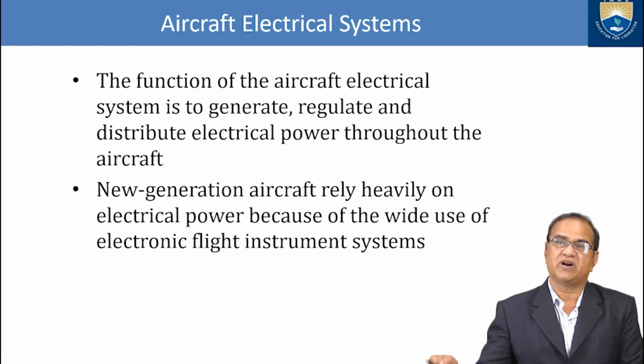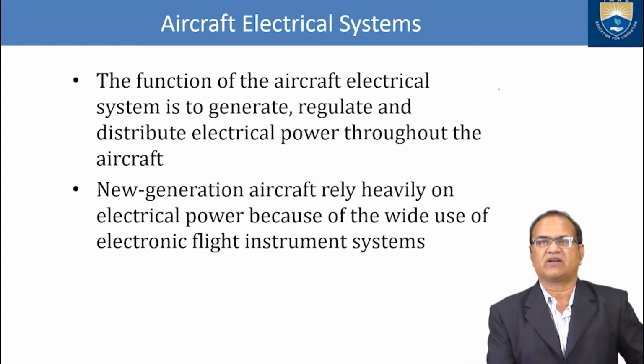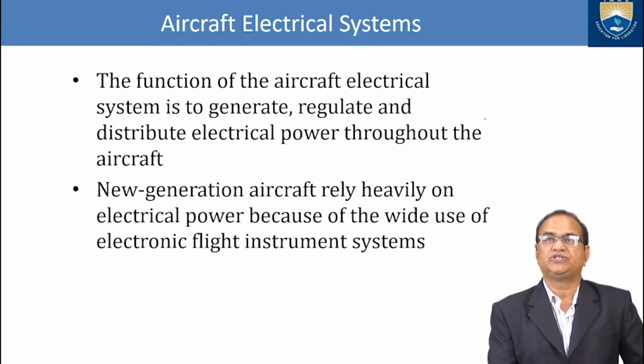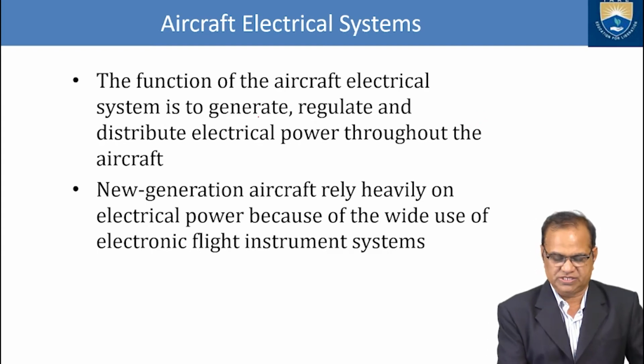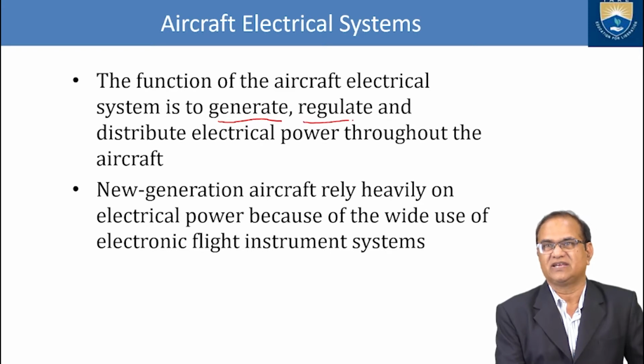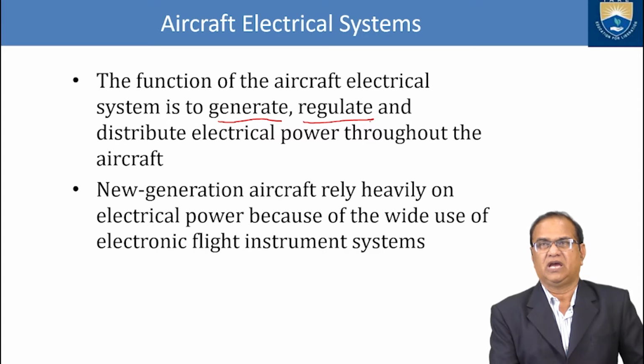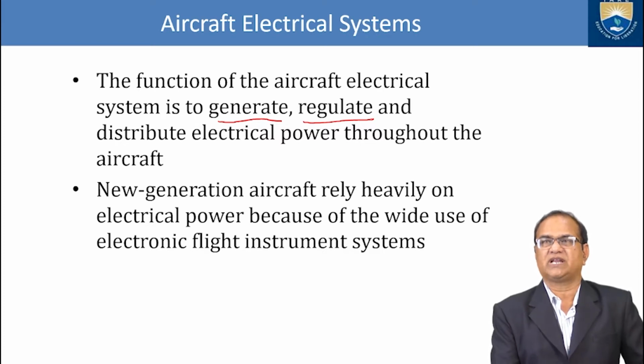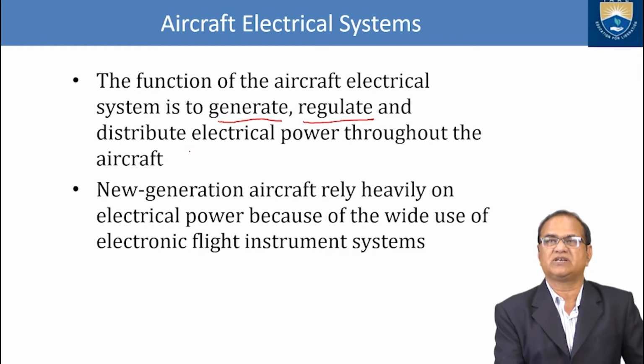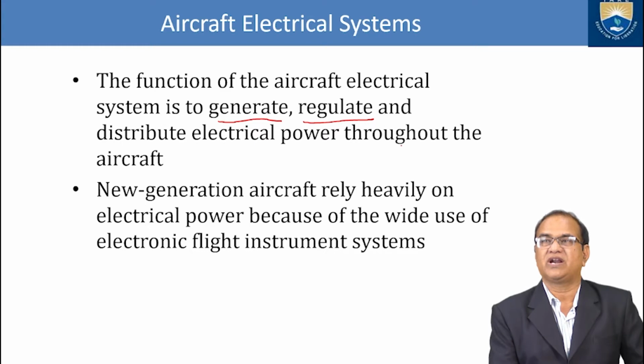So the main function is to generate the electrical power. This is called the generation. Then it should be regulated. Regulate means as per the requirement, where we want how much voltage and how much ampere, accordingly it should be regulated, and it should be properly distributed to different parts of the aircraft.